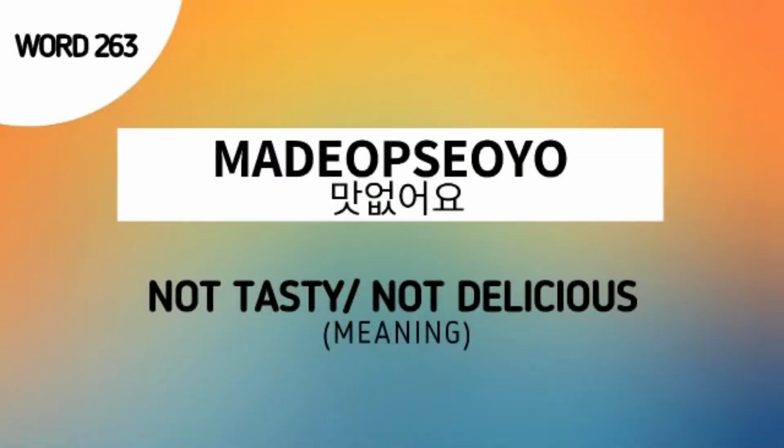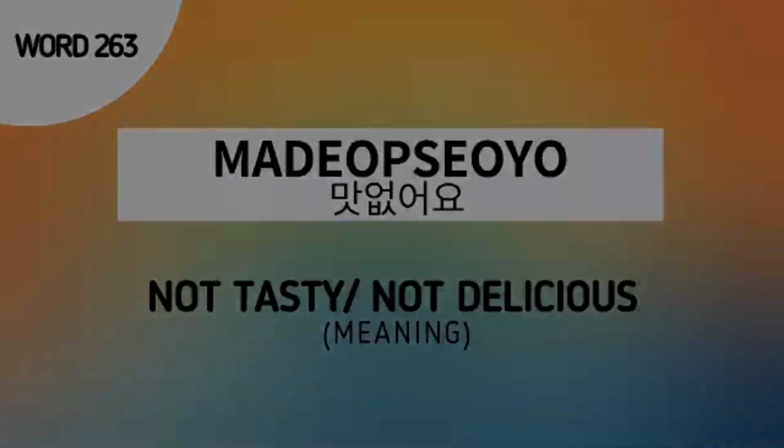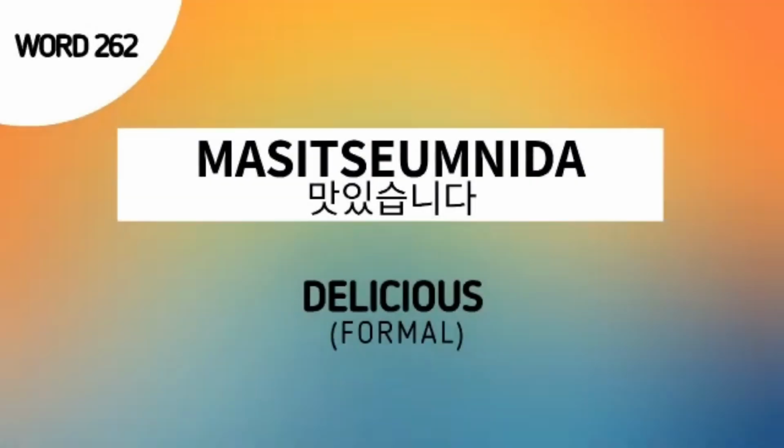Word number 263 is 맛없어요, which means not tasty or not delicious. Word number 262 is 맛있습니다, which means delicious in a formal manner.